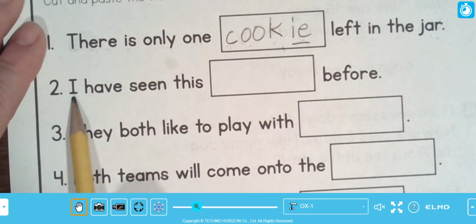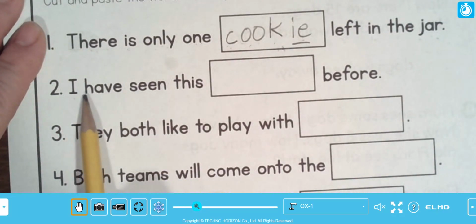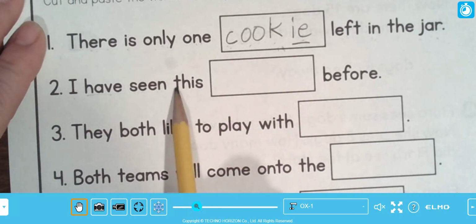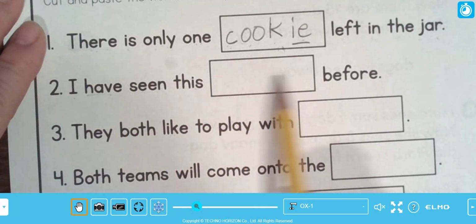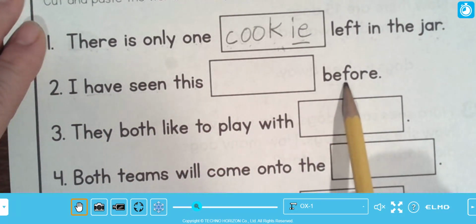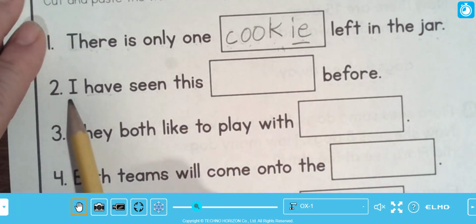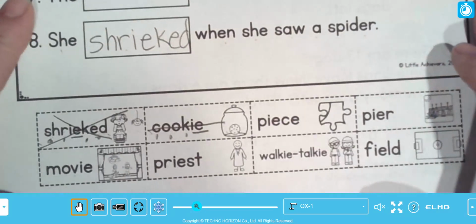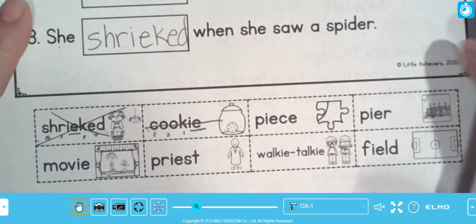Ready? Begin. I have seen this blank before. I have seen this blank before. So let's think about it. What have we seen before?